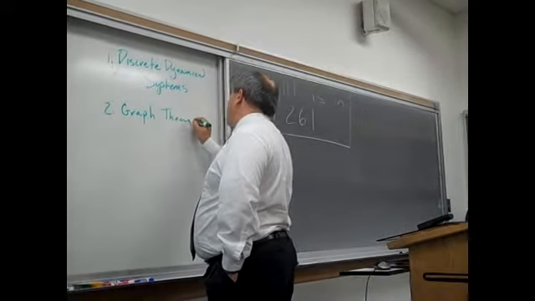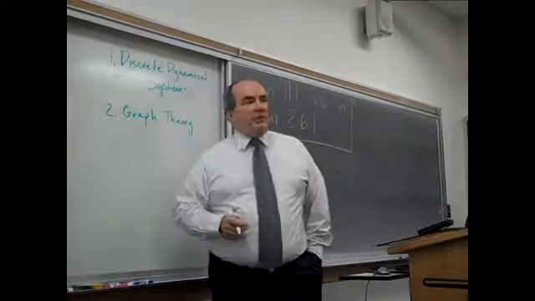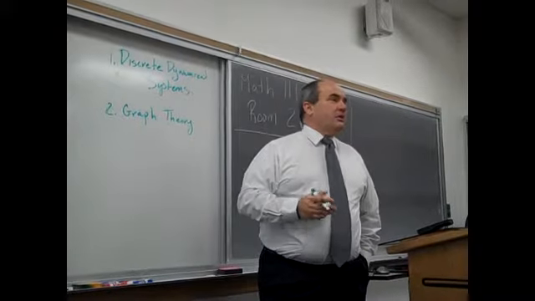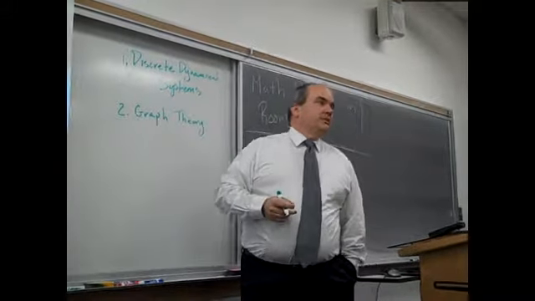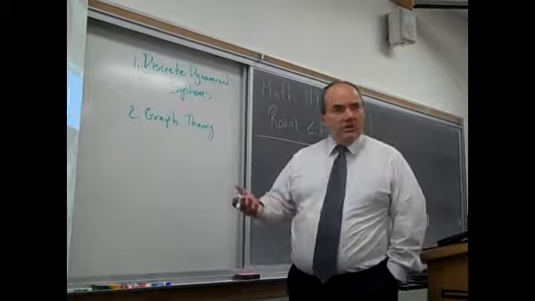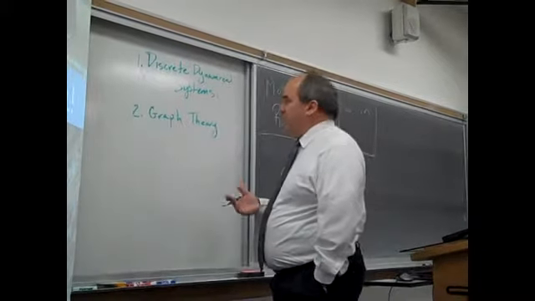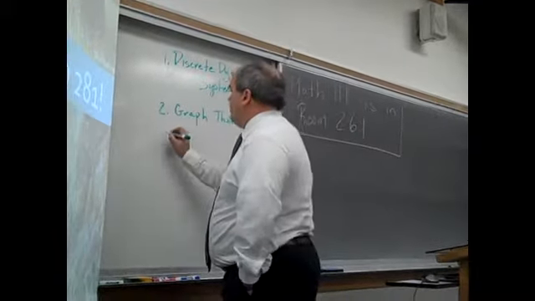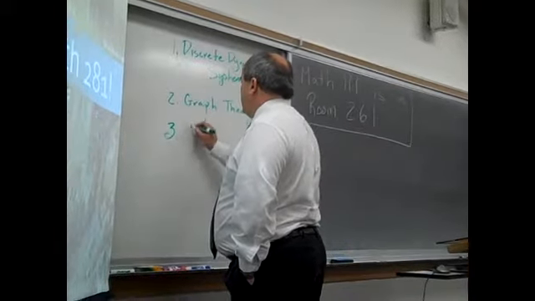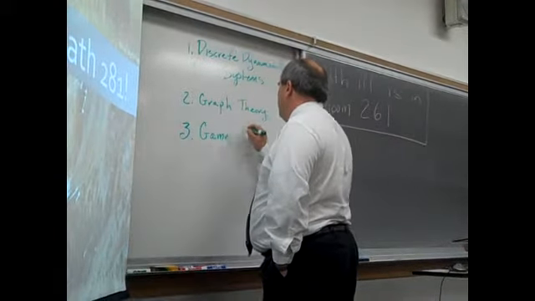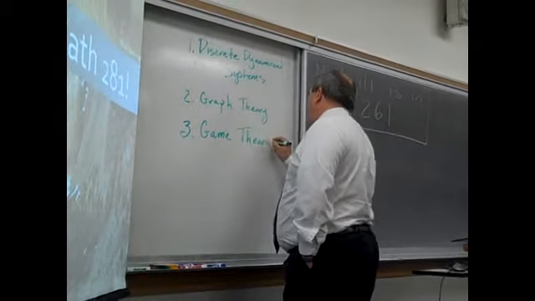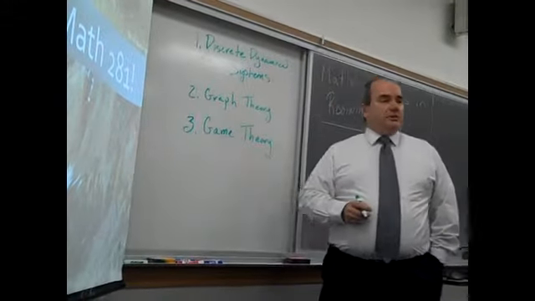We're not talking about graphing a parabola here or anything like that. We're talking about the internet. The internet is what in mathematics we call a graph. And in analyzing the internet, you learn graph theory. Then we'll go look at game theory, where we will literally just play.